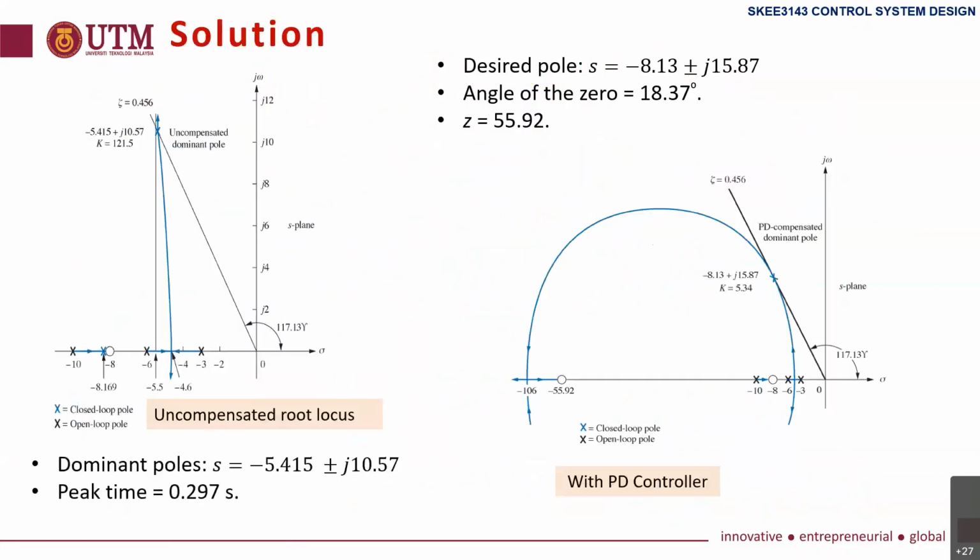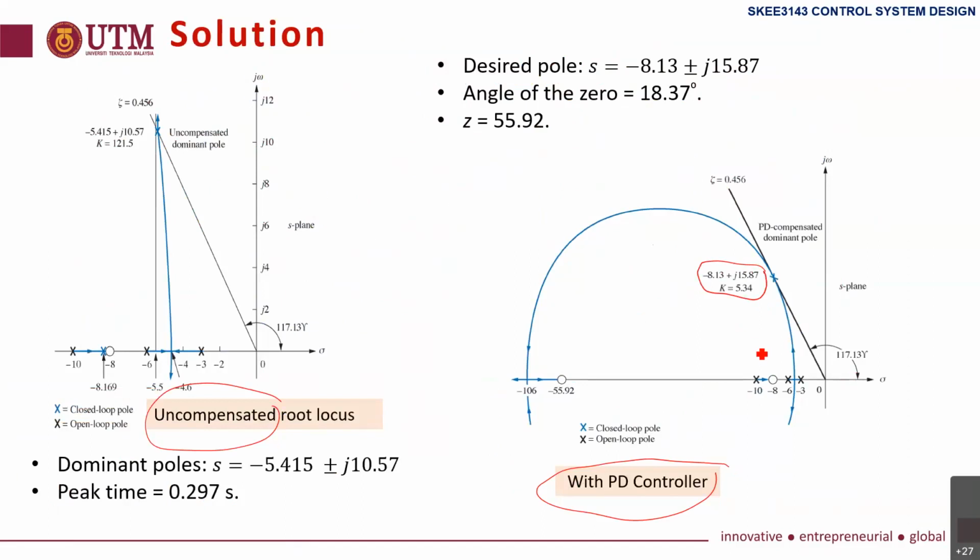If you read through the book, they give the root locus, the one without controller, the uncompensated, and this is with PD controller. You can see that this is the point that we want.